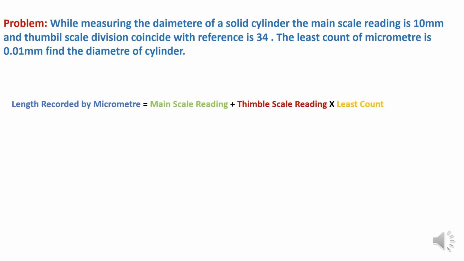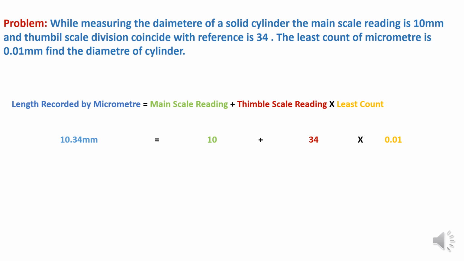So we know the formula: length recorded by micrometer equals main scale reading plus thimble scale reading into least count. The main scale reading is 10 mm, the thimble scale reading is the 34th division coinciding with the reference line, into the least count 0.01 mm. So the diameter of the solid cylinder is 10.34 mm.